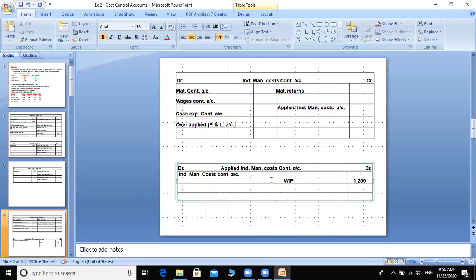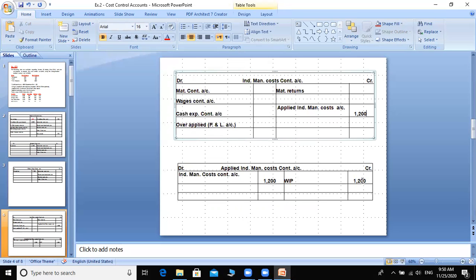It will be also here, 1,200. This one will affect the credit side of the indirect manufacturing cost, 1,200. So the reciprocal here, the debit side of the applied and the credit side of the indirect manufacturing overhead will be affected.